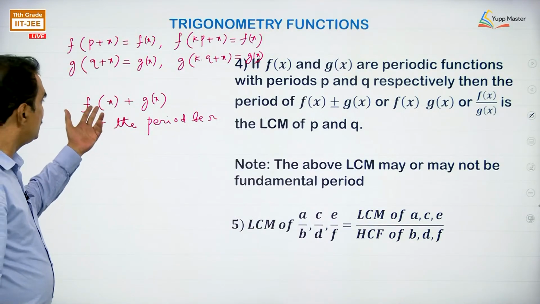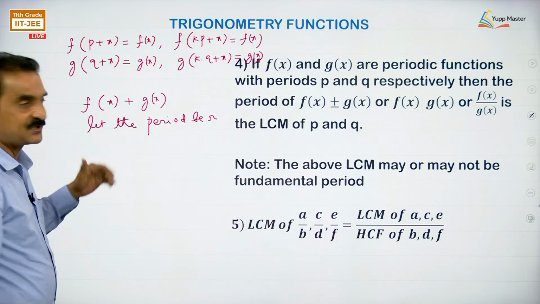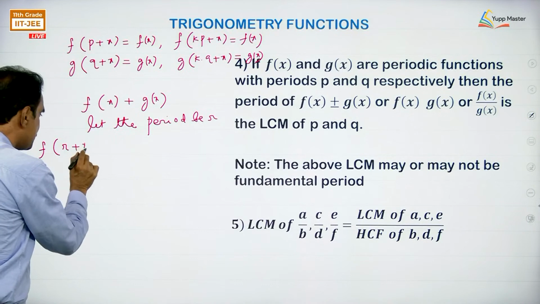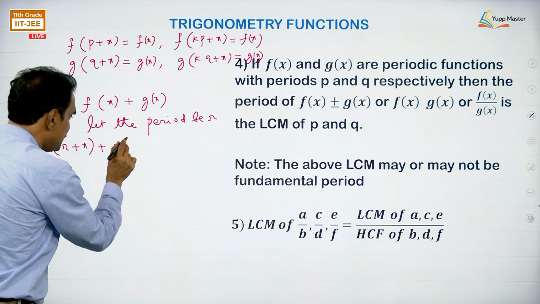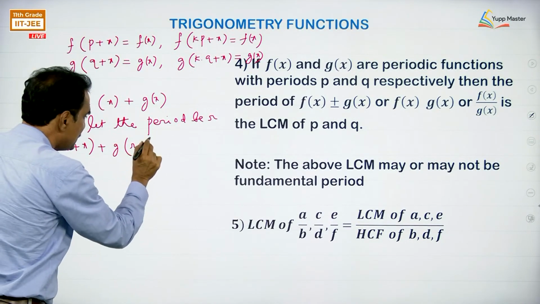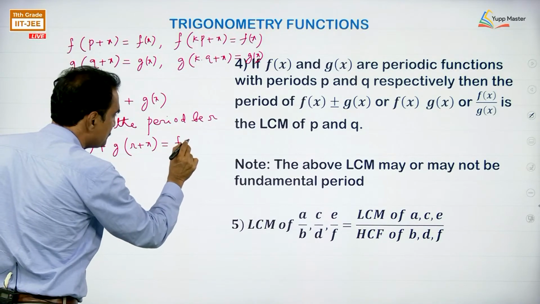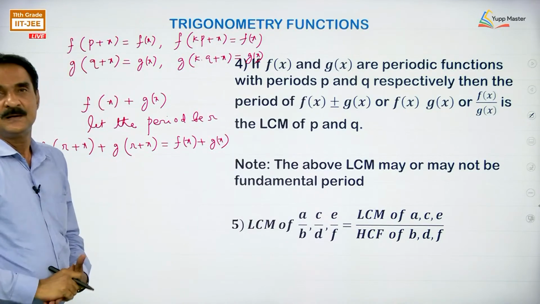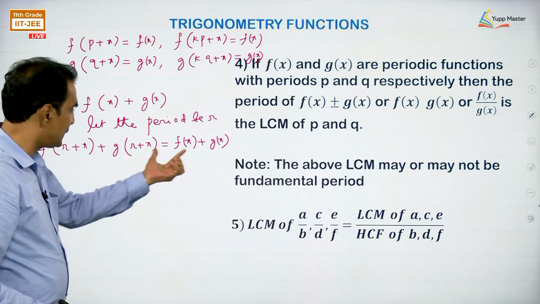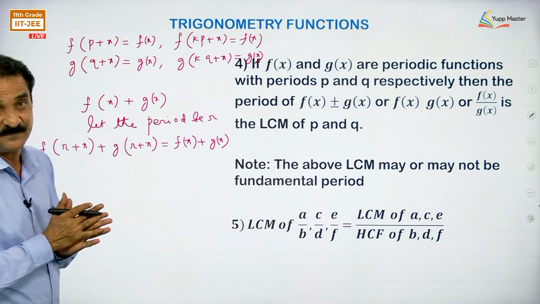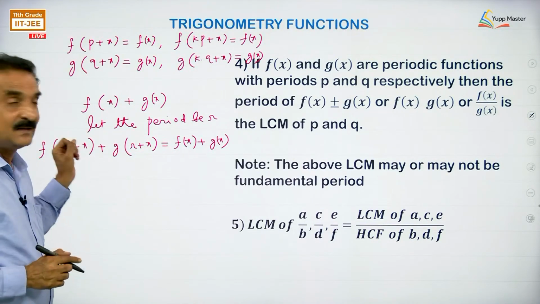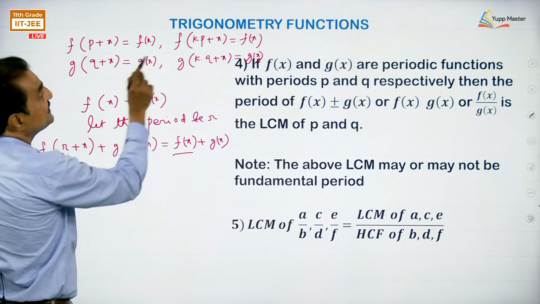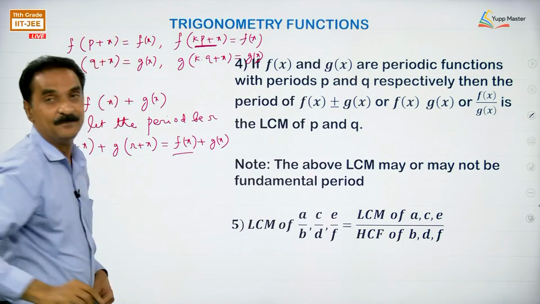That means, replacing x by r + x, we should get the same function. f(r + x) + g(r + x) must be equal to f(x) + g(x). That means, this must be equal to f(x), this must be equal to g(x) simultaneously for the same r.